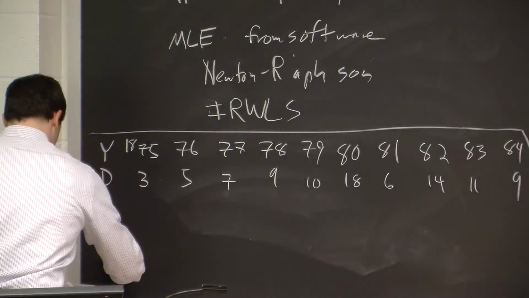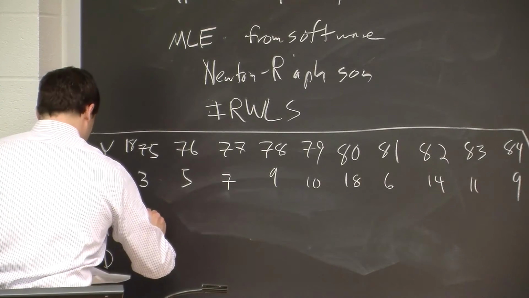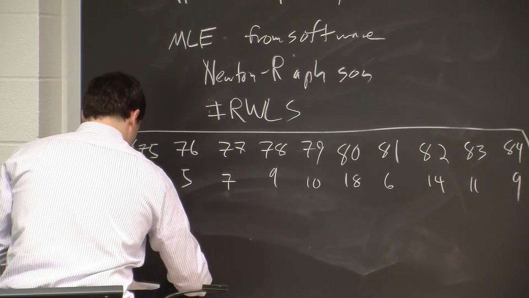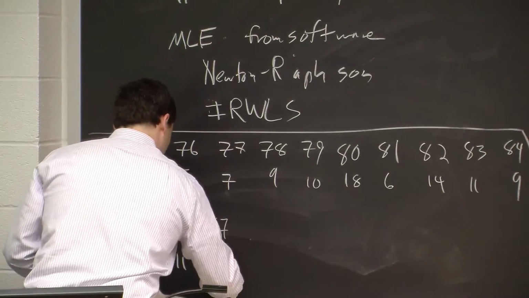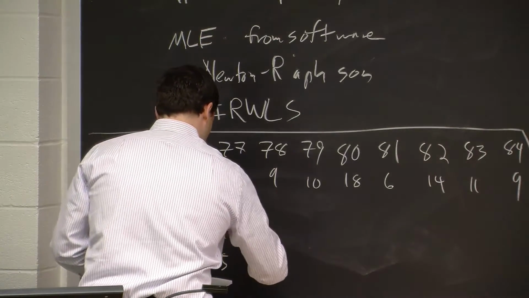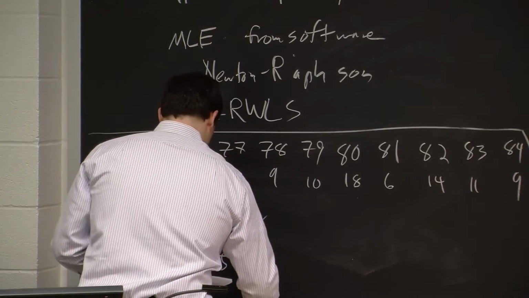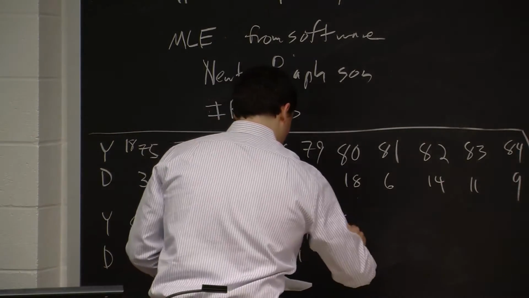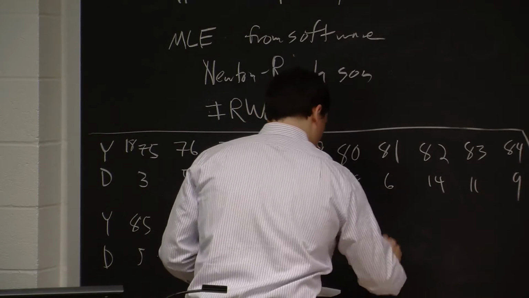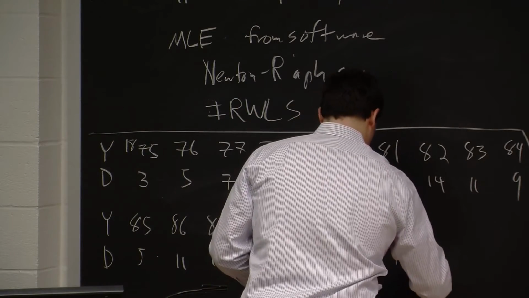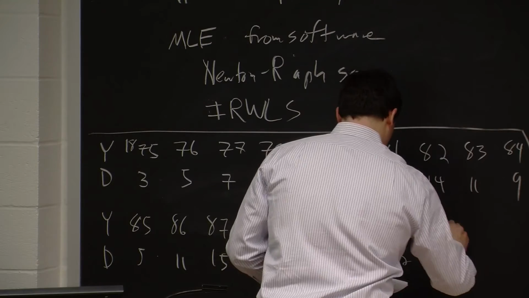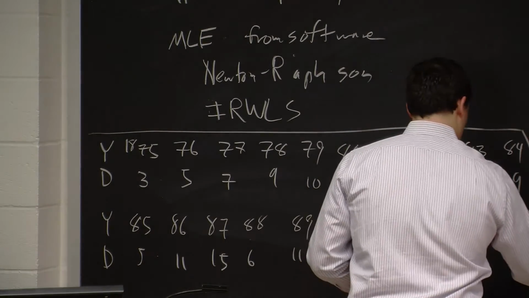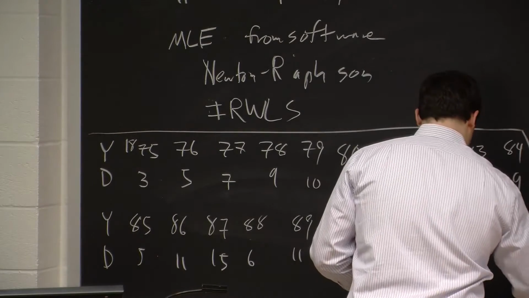Year, deaths. 1885, 5. 86, 11. 87, 15. 88, 6. 89, 11. 90, 17. 91, 12. 92, 15. 93, 8. And 94, 4.